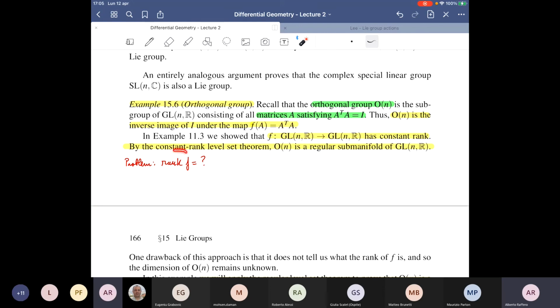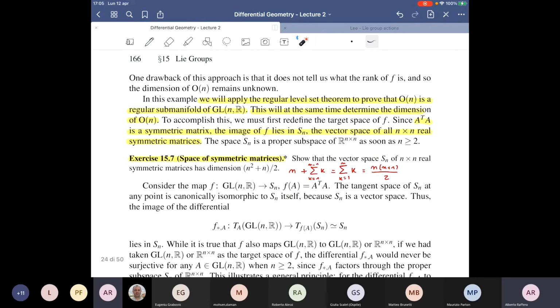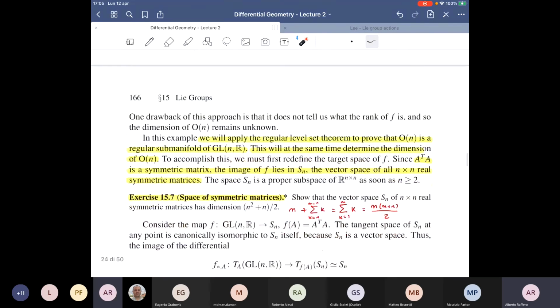In particular, last time you just showed that the rank of F is constant, but the argument you used did not allow you to say what the rank of this map is. So now we are going to prove again that the orthogonal group is a regular submanifold of the general linear group, and also determine its dimension. What is the idea?